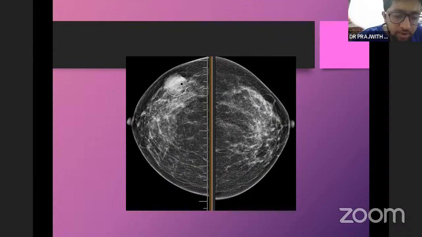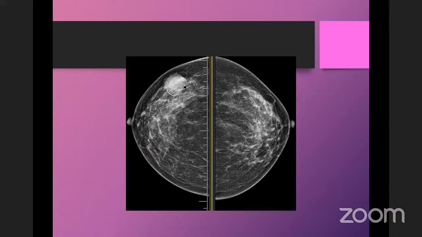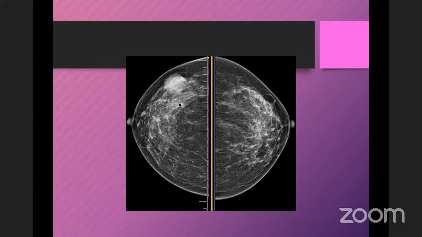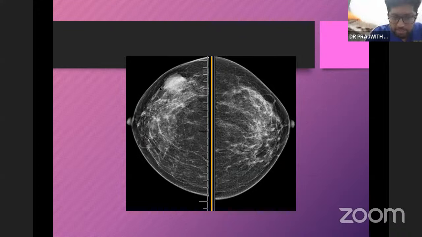Is it well defined or ill defined? It is not well defined. And is it circular, oval, or is it an irregular shape? Irregular shape. It's an ill-defined margin, at least at the inner aspect.